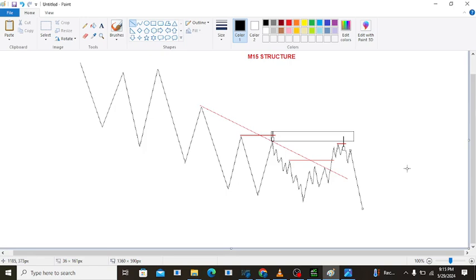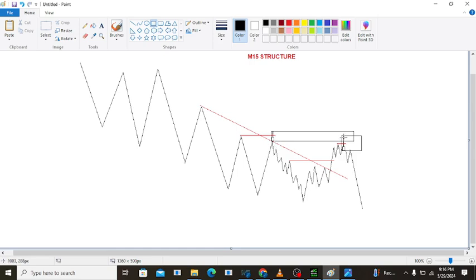Remember also, it's during our session. We see it's our inducement that been taken, and to our high probability point of interest.